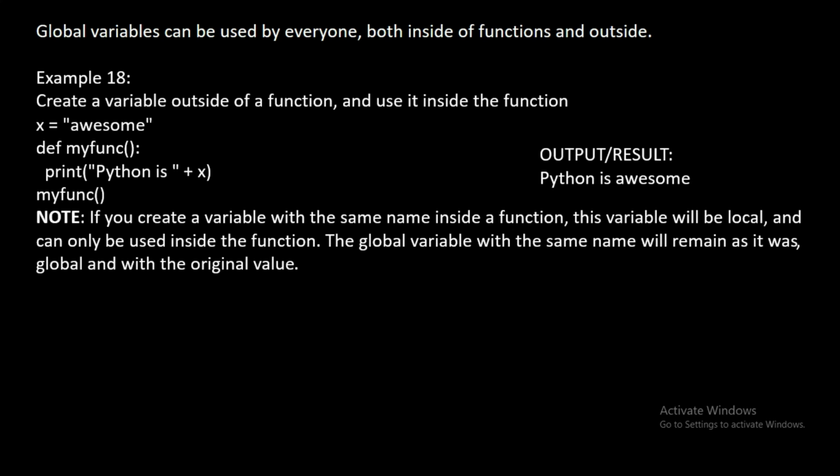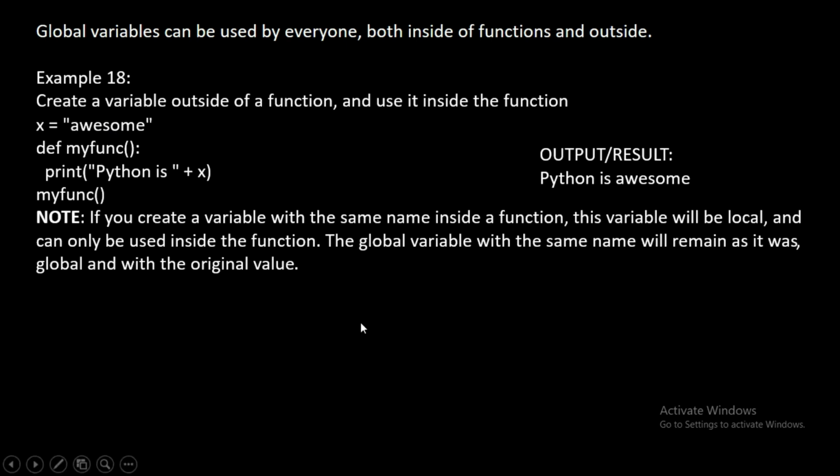Similarly, note that if you create a variable with the same name inside a function, this variable will be local. Here in this case, we are not declaring a variable inside the function, so this variable is outside the function, not inside it.